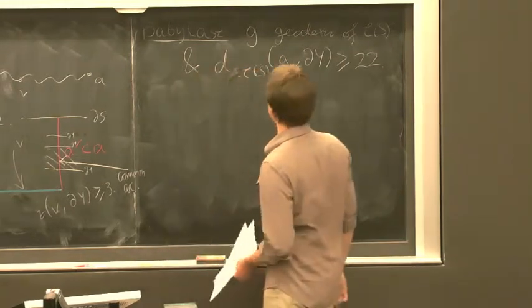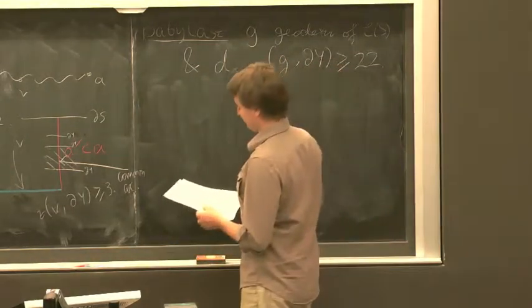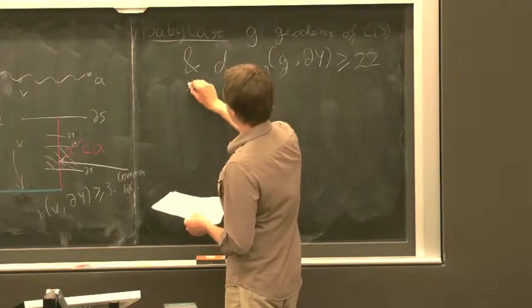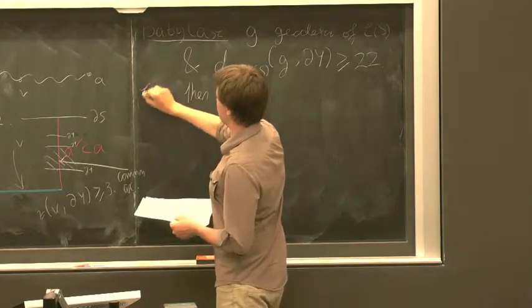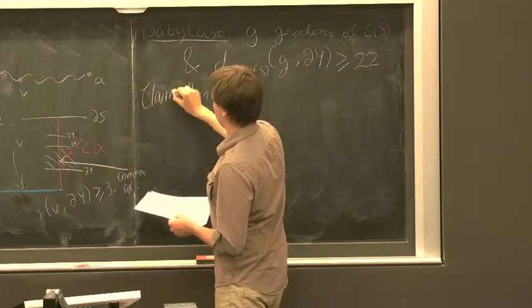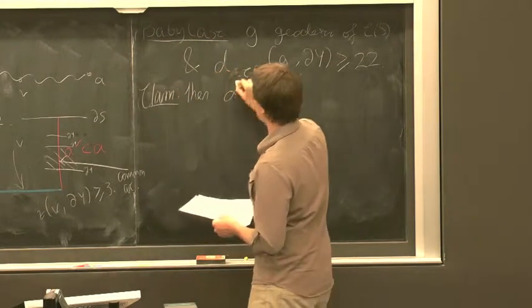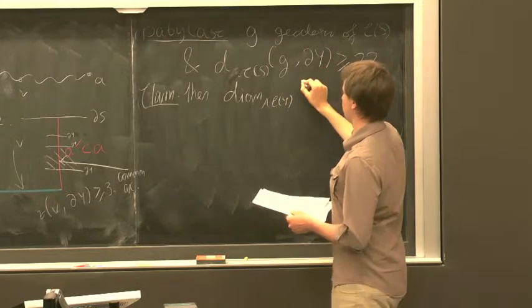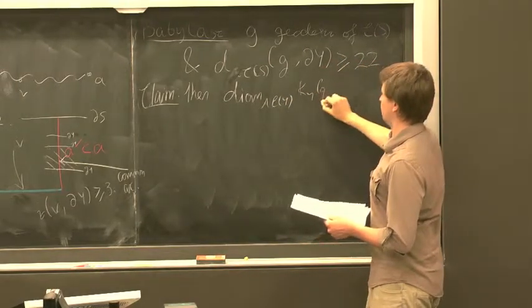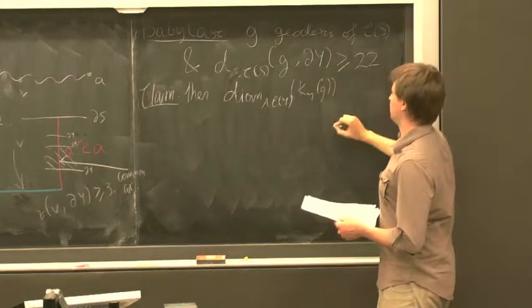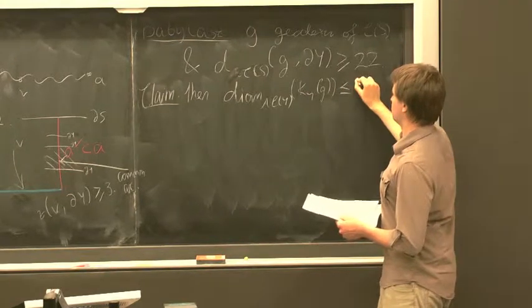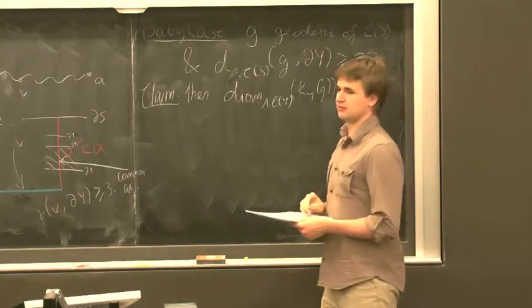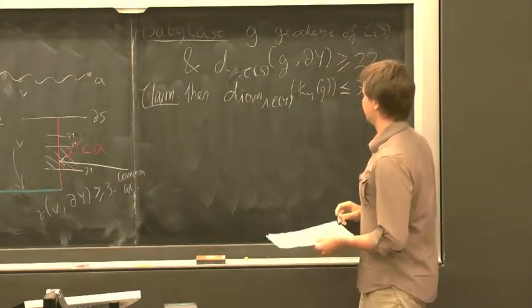It'll turn out to be 22. And then the claim is that the diameter of the projection of G to Y is at most 3.